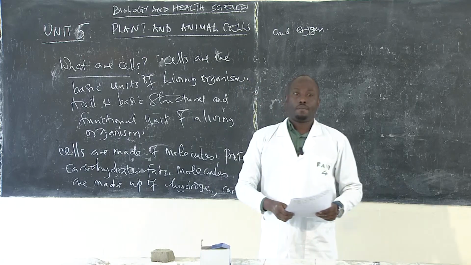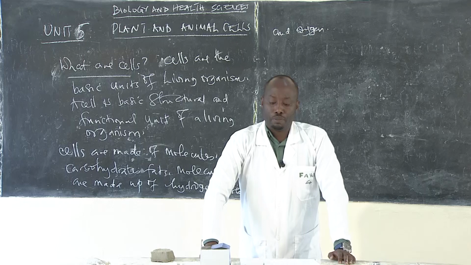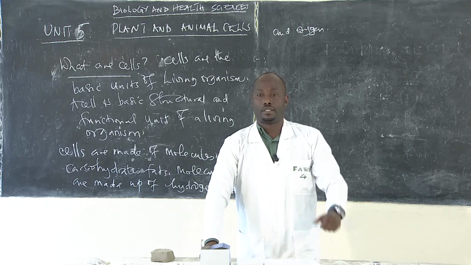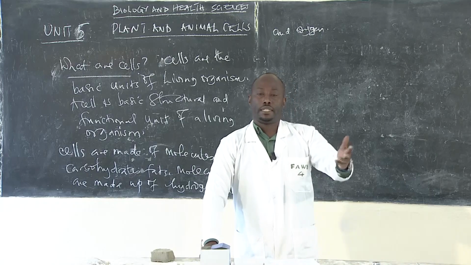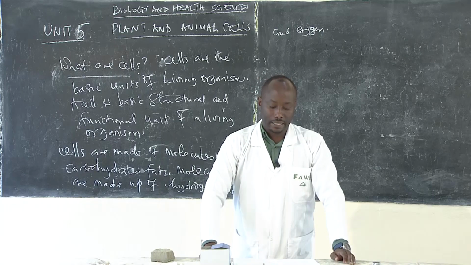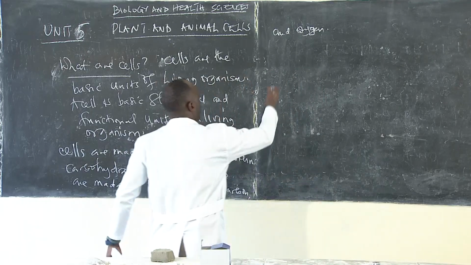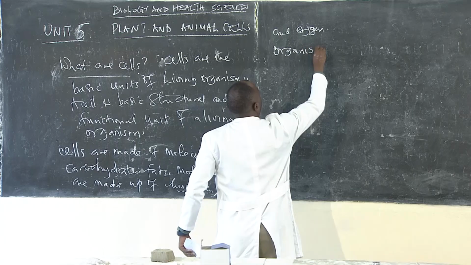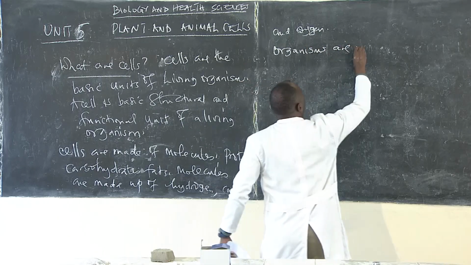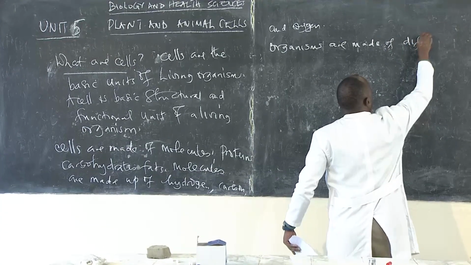We normally say organisms such as bacteria, we have complex organisms. Bacteria, take an example, are made up of one cell. We have two types of cells. Organisms are made up of different cells.